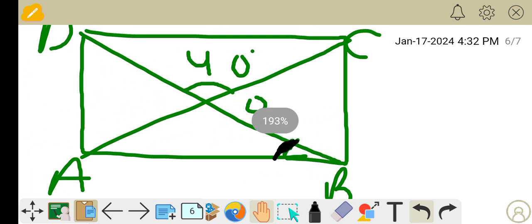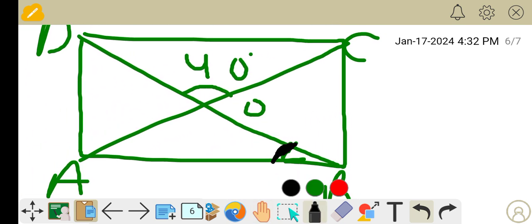Because this is a rectangle, we know that opposite sides are parallel, and we know that vertically opposite angles are equal. So if this angle is 40°, this angle should also be equal to 40°.